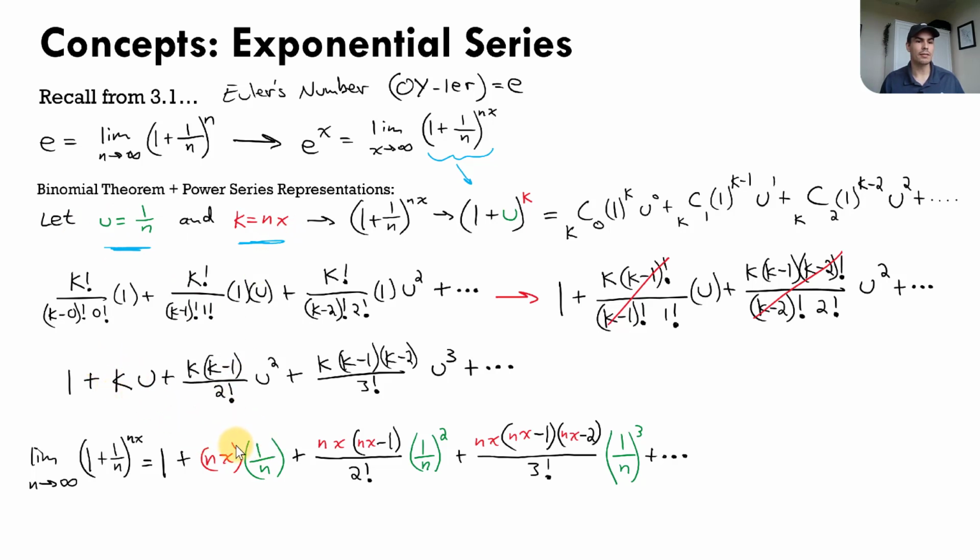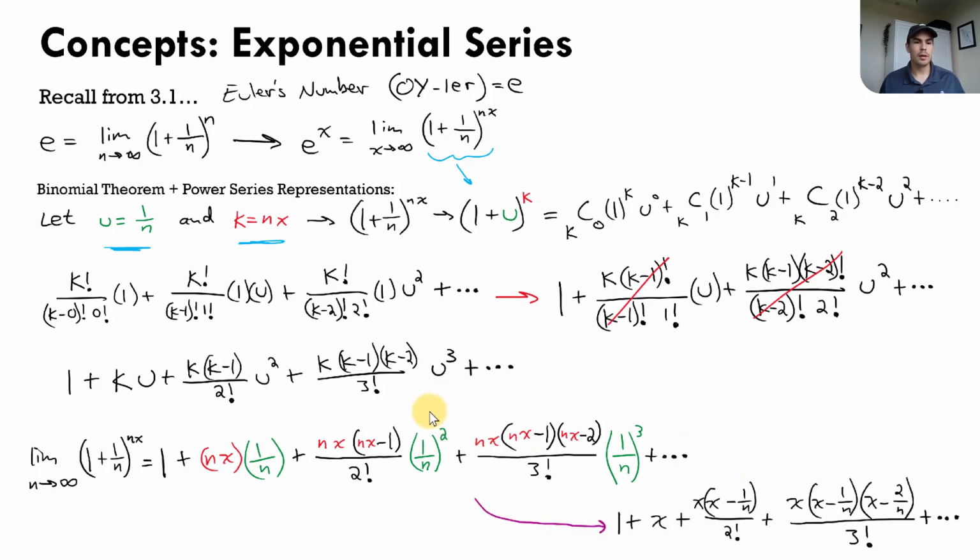So instead of k, I've got nx, and instead of u here, I've got 1 over n. Plus, instead of k times k minus 1, I'm going to have nx times nx minus 1 over 2 factorial, and then instead of u squared, I'll have 1 over n squared. That's what I'm doing here, just putting back in these n terms instead of u's and k's.